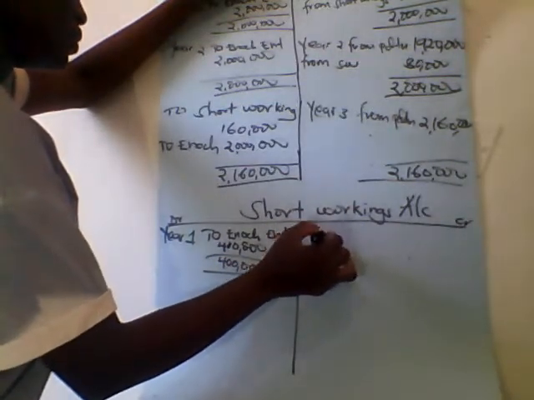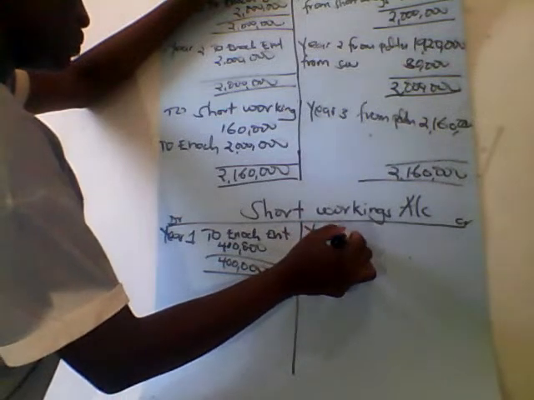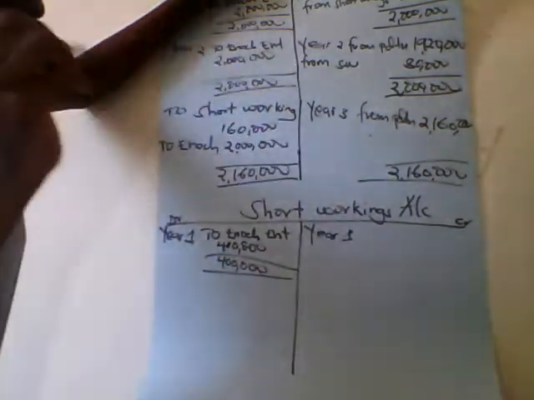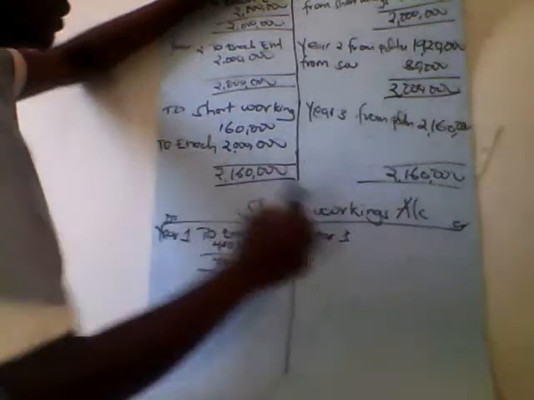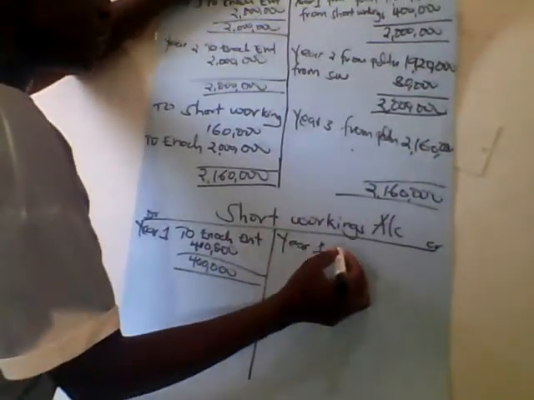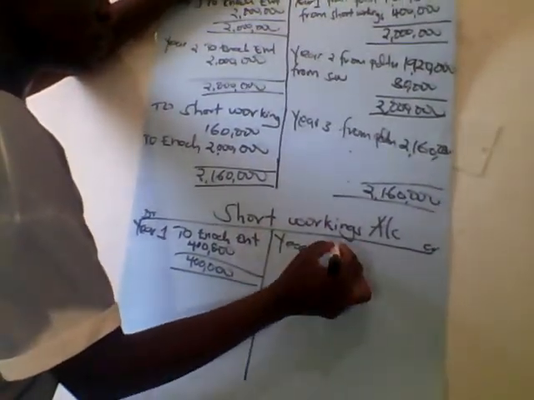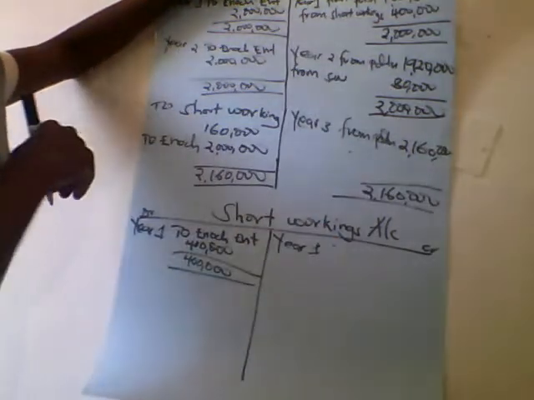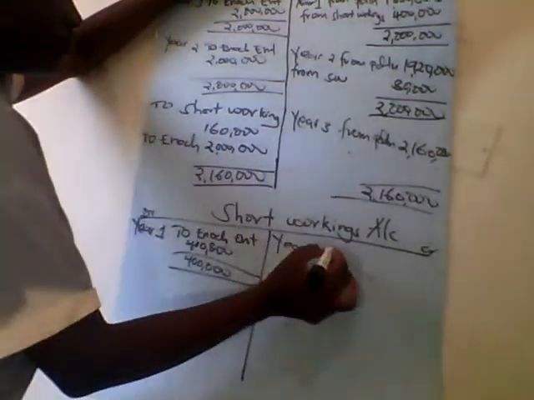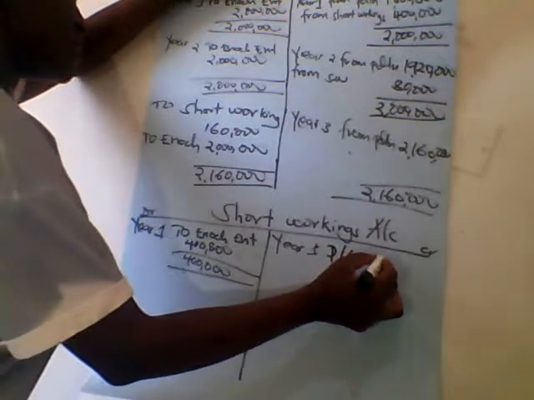Then this side, year 1, you put profit or loss. It was an expense in that year.